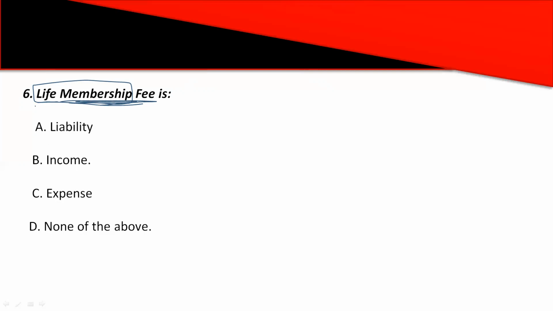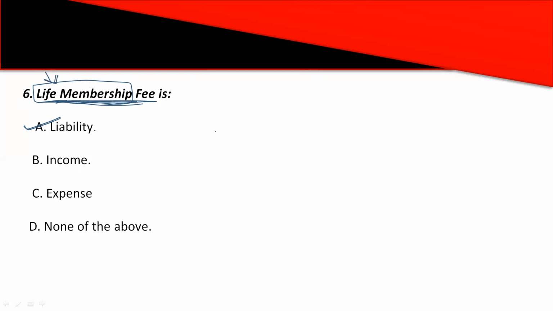But when it is mentioned life membership fee, it happens only once in a lifetime. So then again we will treat it as a liability here, right? Why is it treated as liability? Because all at once we are receiving the membership fee.